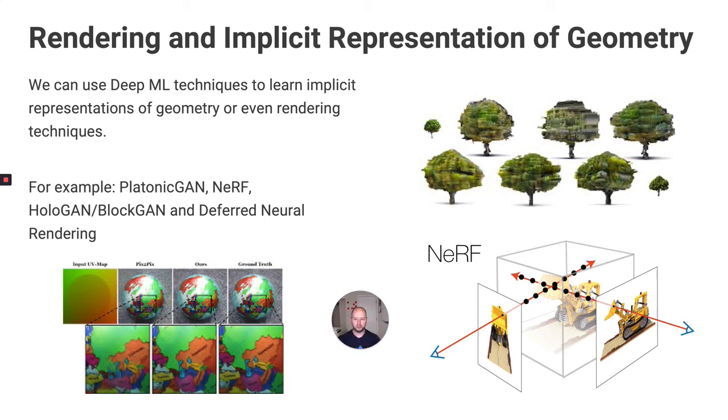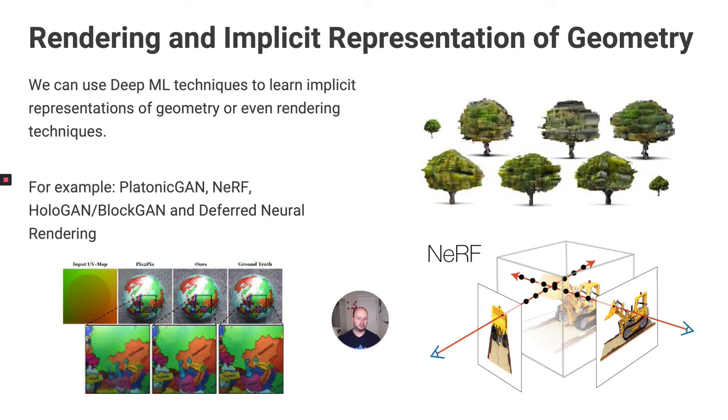And people are starting to use machine learning for rendering and things with geometry. For example, on the top right is Platonic GAN, which from a set of oriented images will extract a volumetric or a voxel representation of the data.